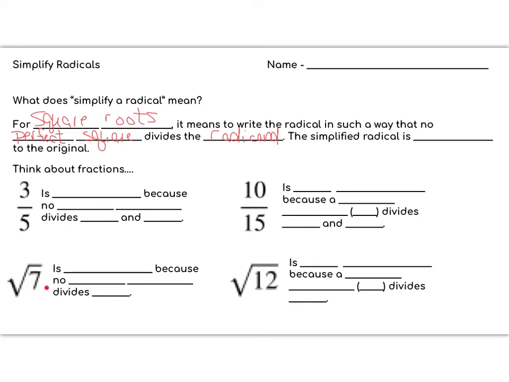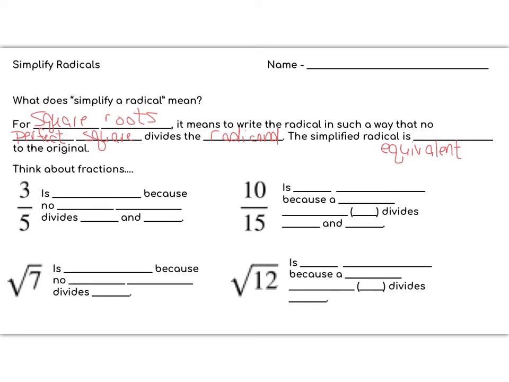Lots of weird words, right? Remember that the number under the radical is the radicand, so we don't want any perfect square to divide the radicand. The simplified radical is equivalent to the original. So we're writing it in a different way that is equivalent to what we started with.